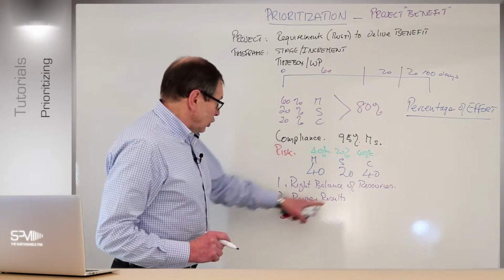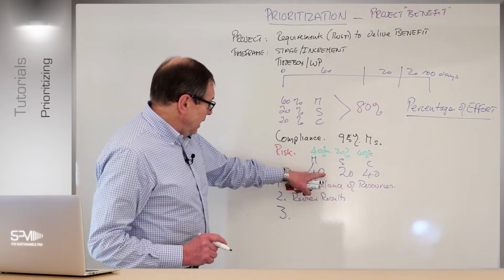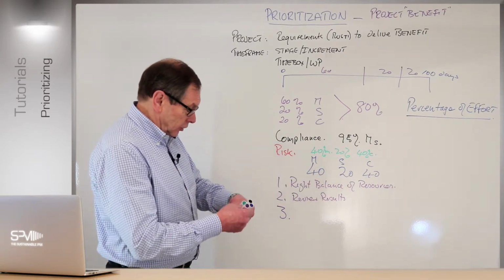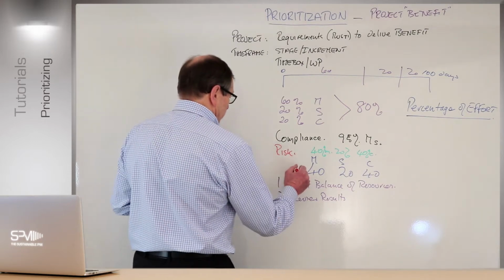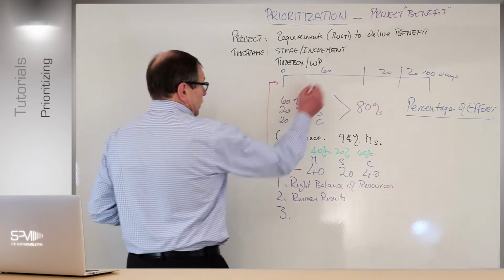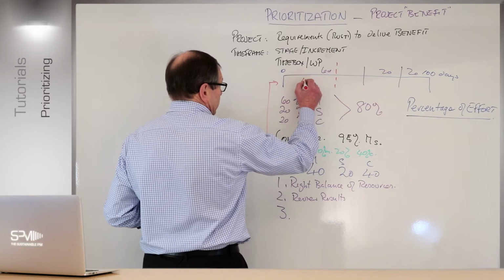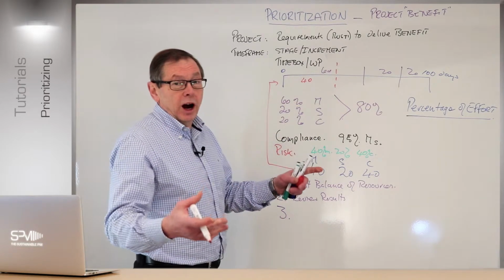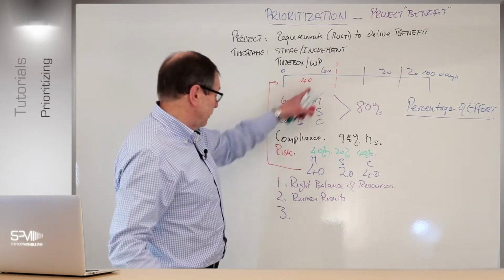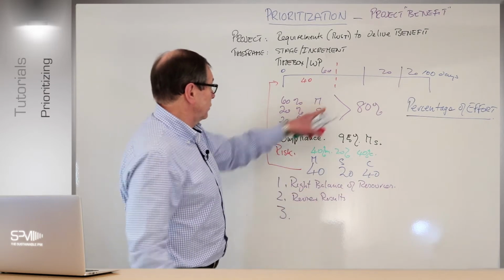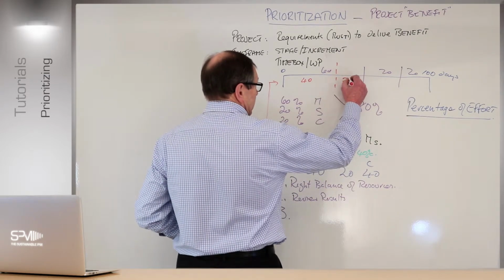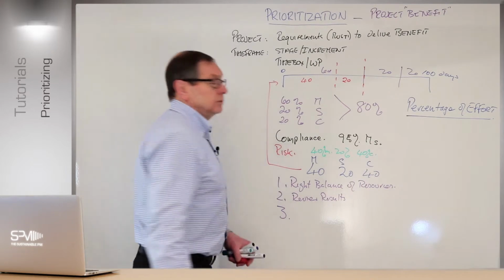Just before I go there, what it's saying here in this particular scenario is that only 40% of my project, say there are 40 requirements, 40 days, is going to give us 40 days spent on the musts, and only 20 days on the shoulds.